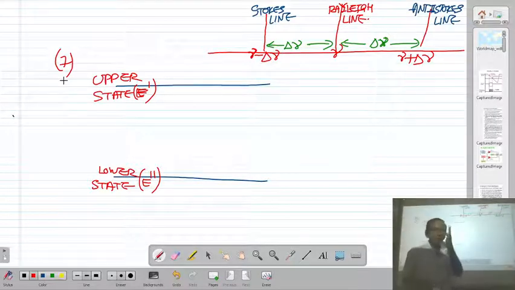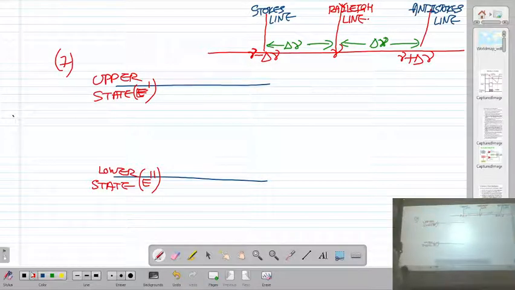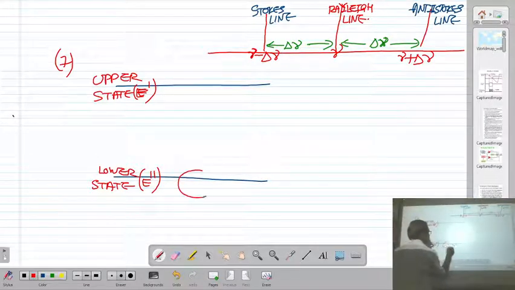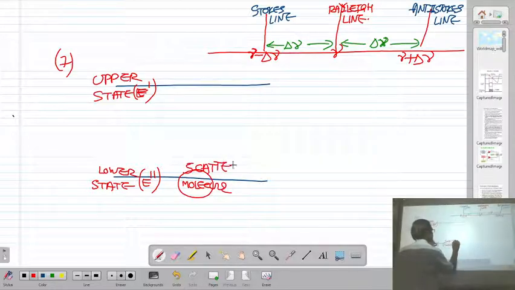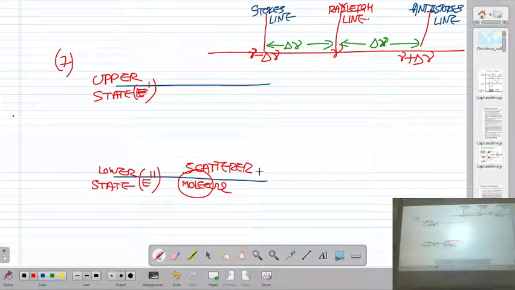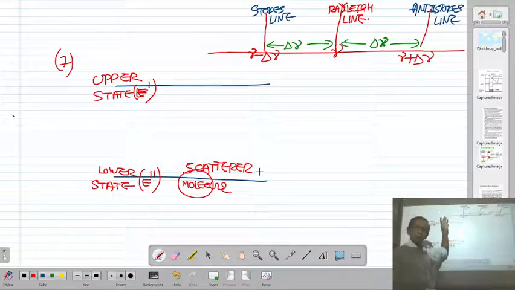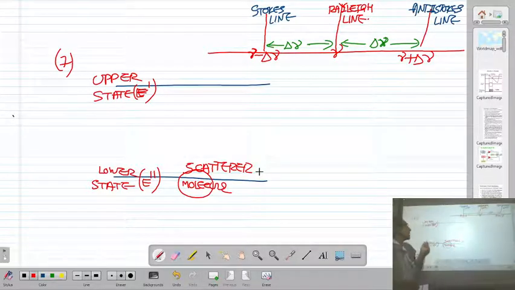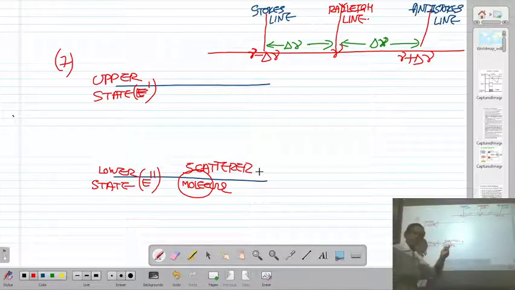This is the upper stationary energy state of the molecule in which the energy is E dash. And this is our scatterer molecule, which is in the lower state.